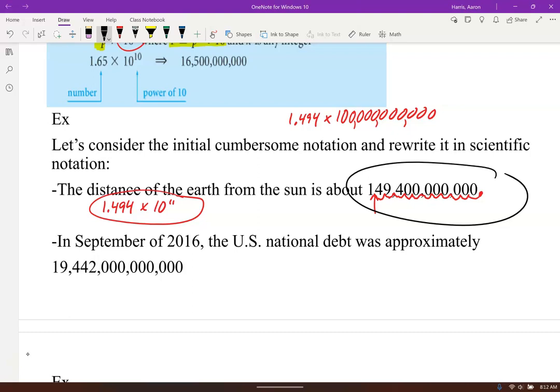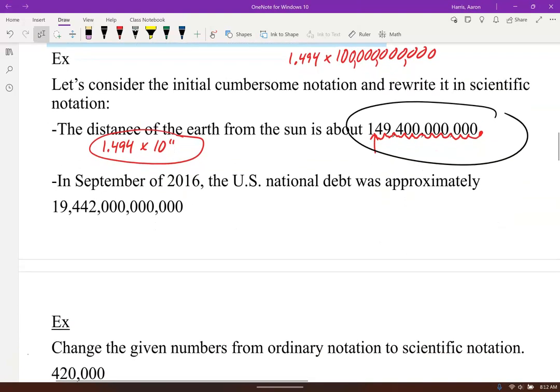Here's another one. In 2016, U.S. national debt was, let's count how many digits over. Right now, the decimal's right there. So what's our first term? Where's the decimal going to be, you guys? You can either microphone it or type it into the chat there. Where do you want that decimal to be? Between what two numbers?